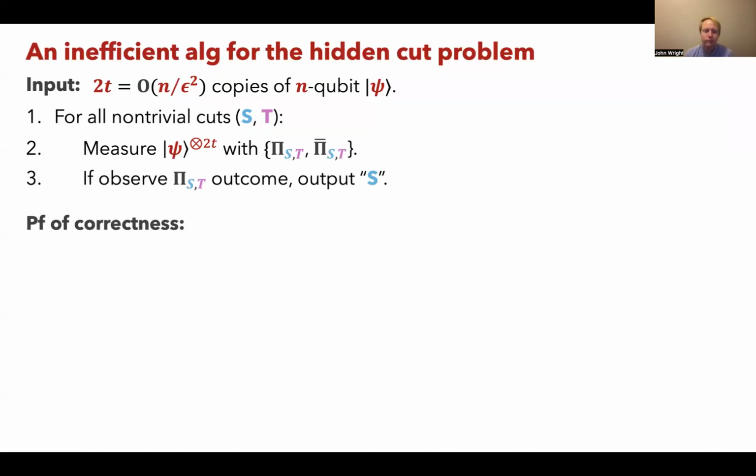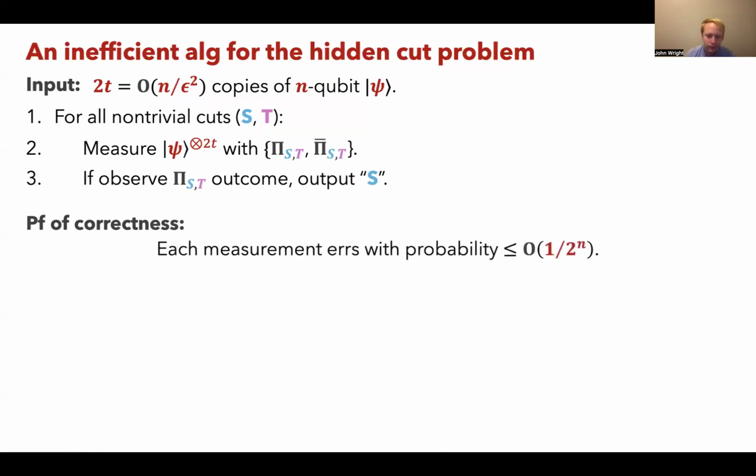Okay, so that's the algorithm. And let me give the proof of correctness. Each measurement, I claim, is going to err with probability at most 1 over 2 to the n. If you perform the measurement and S and T is the correct cut, then you will always get the right outcome. But if it's not the hidden cut, then you will get the wrong outcome with probability at most 1 over 2 to the n.